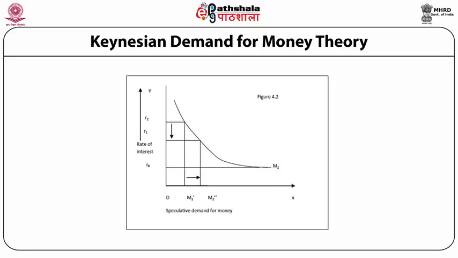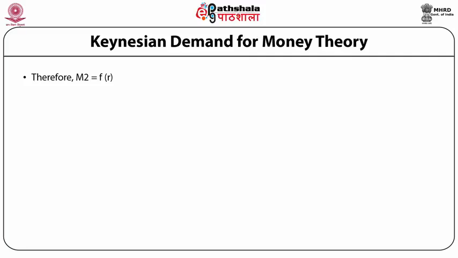This shows that the rate of interest will not fall below OR0, as this is the minimum interest expected. That is, OR0 is the cost of giving up funds which must be received by the owner. This is called the liquidity trap. Therefore, M2 is a function of R, where M2 is speculative demand for money and R is rate of interest.